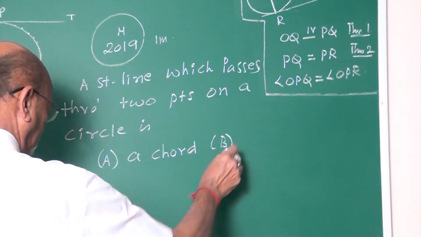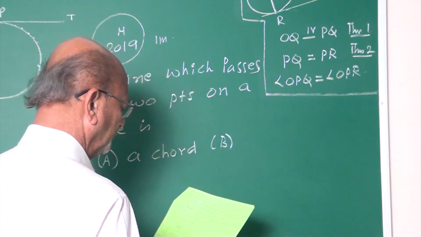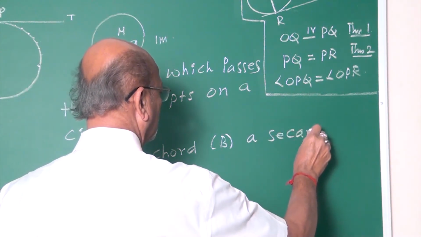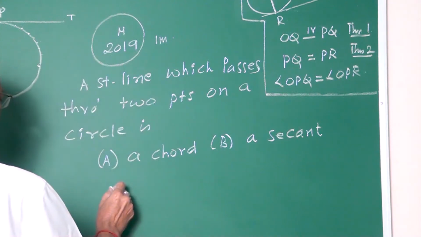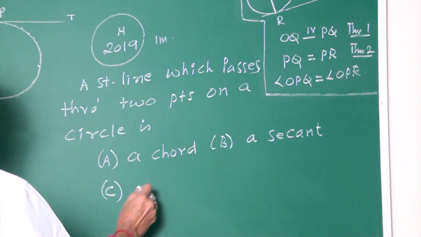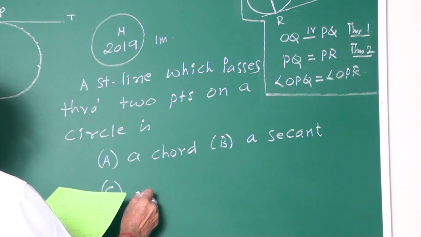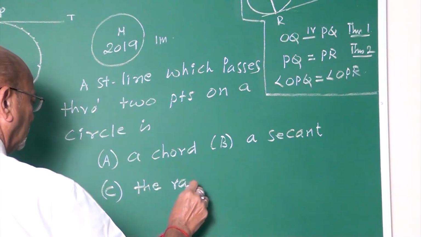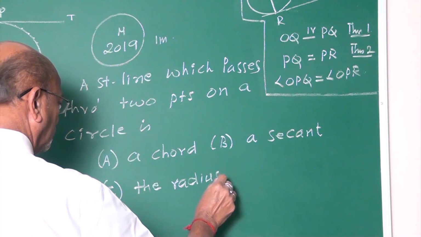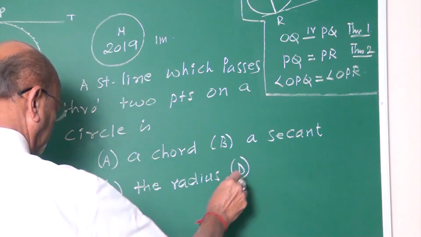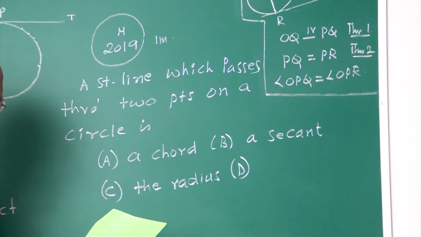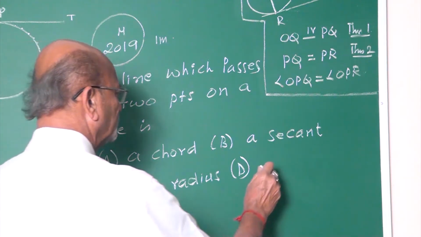Option B, a secant. Option C, the radius. Option D, a tangent.